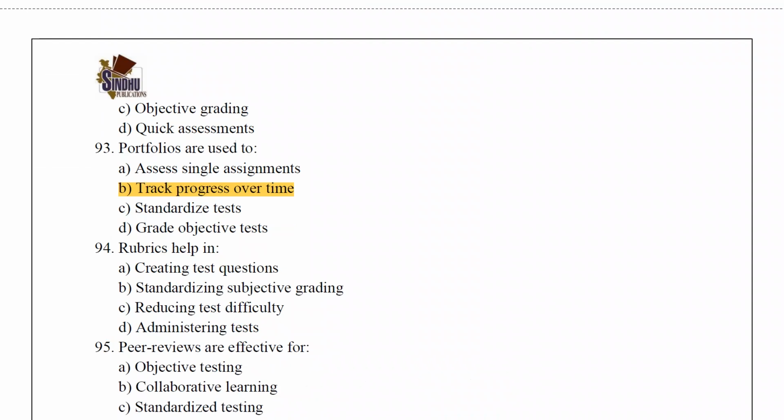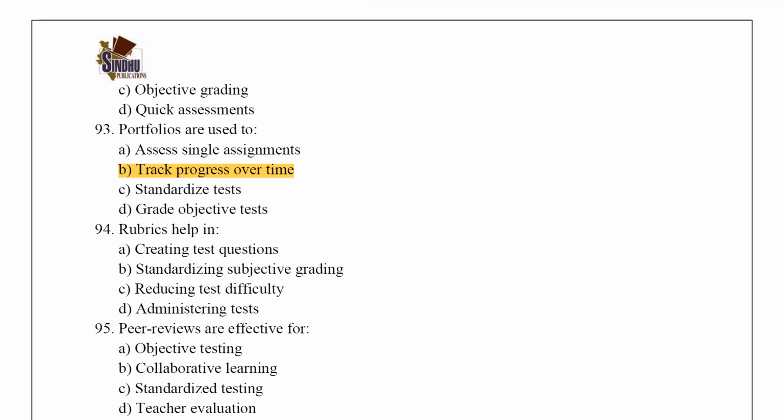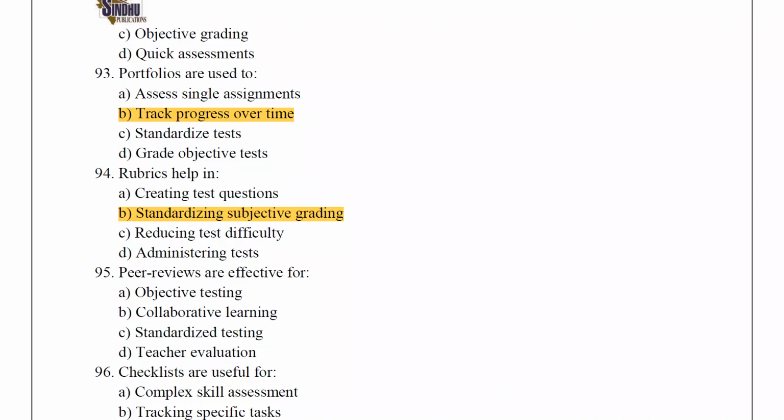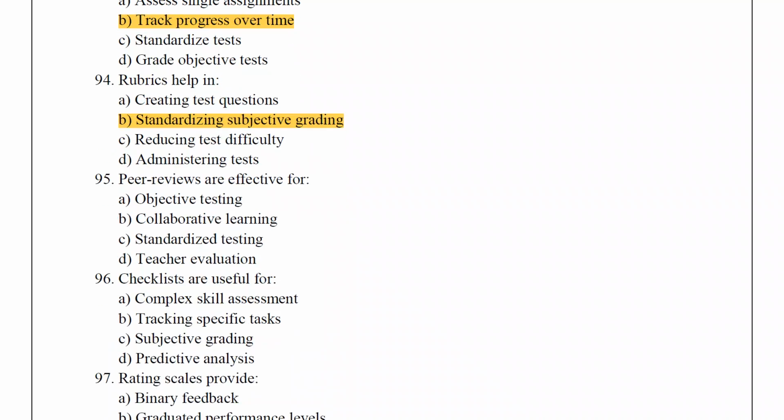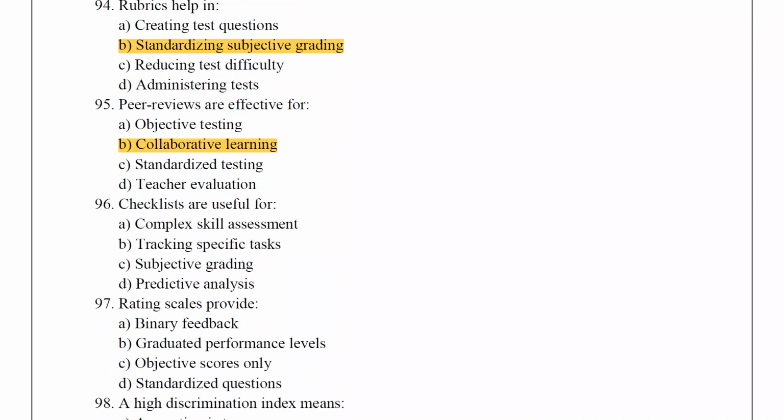Rubrics help in standardizing subjective grading. Peer reviews are effective for collaborative learning. Checklists are useful for tracking the specific task.